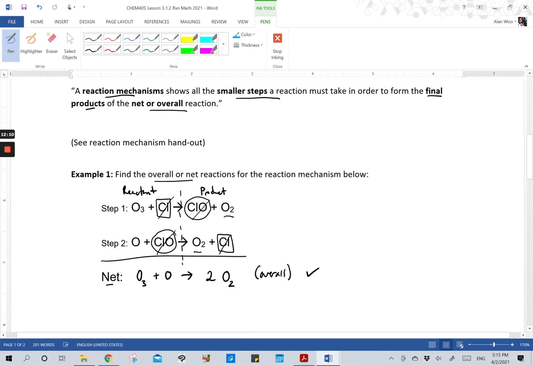The catalyst is Cl. It first appears on the reactant side, and then it appears again, being reformed as a product. For the other cancel out item, ClO, ClO first appears as a product, and then it gets used up as a reactant in a later step. So that makes it an intermediate.